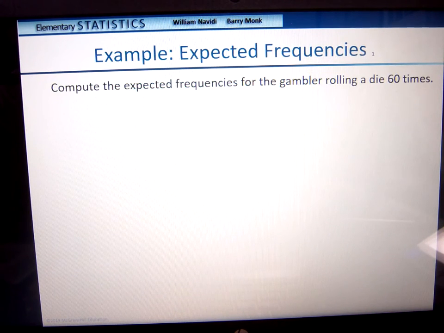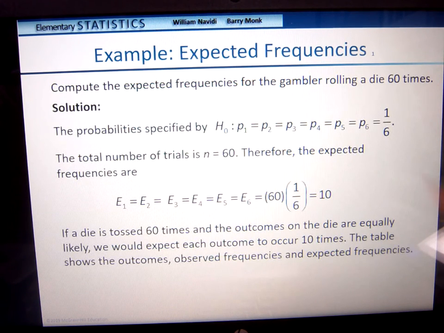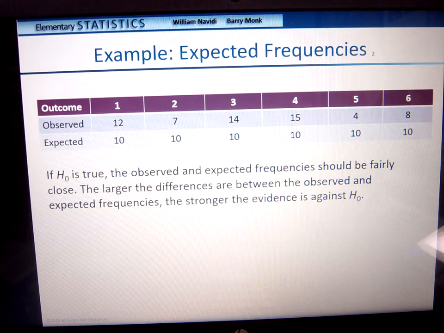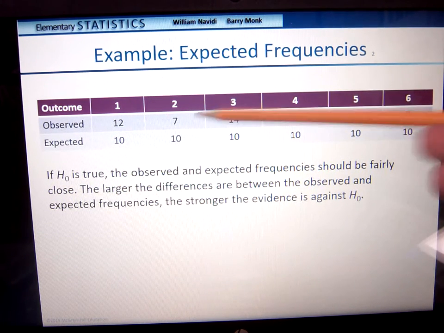When we compute the expected frequency for the gambler rolling a die 60 times, we get all of them equal to 10. So if a die is tossed 60 times and the outcomes are equally likely, we expect each outcome to occur 10 times. The table shows the outcomes and the observed frequencies and the expected frequencies. So now here's our table. These are our observed frequencies.